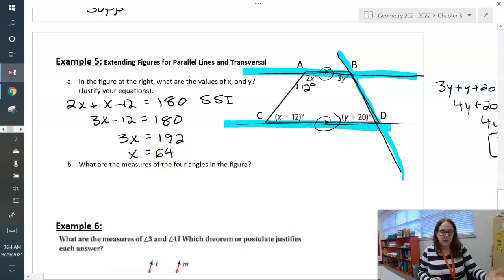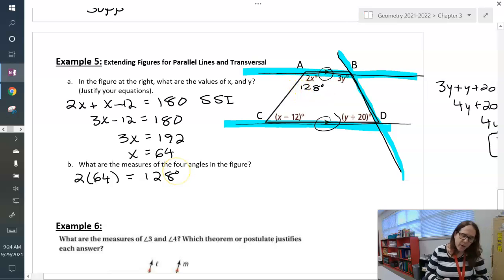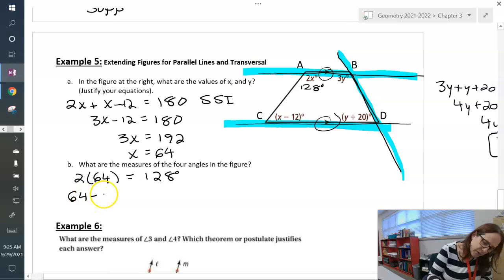Okay, now let's go plug in. 2 times 64 is 128 degrees. So my angle at the top is 128 degrees. Now I'm also going to plug in for the other one, x minus 12. So 64 minus 12, I get 52 degrees.